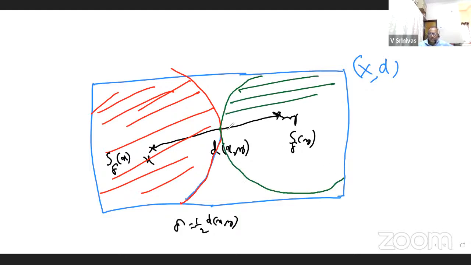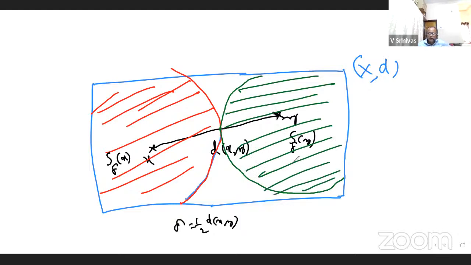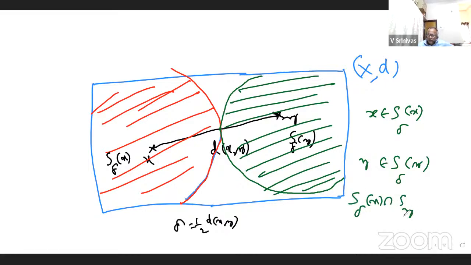Centered at y of radius delta. So if you do this, your x will belong to S delta of small x, and your y will belong to S delta of small y. And these two open neighborhoods, they are open disks. These two will be disjoint, S delta of x and S delta of y.